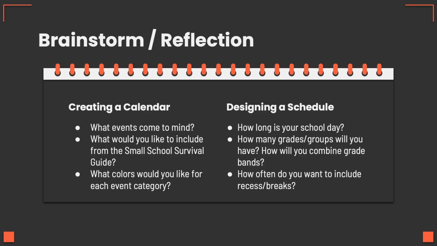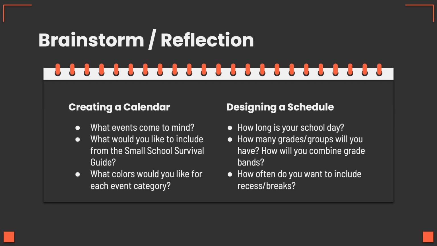So when you're creating a calendar, what events come to mind for your own school? A good place to look for ideas for events, if you're not part of a larger school, would be the Small School Survival Guide. So if you're one room and you're the head teacher administrator, the Small School Survival Guide is a great thing. And I'll put that on the Padlet.